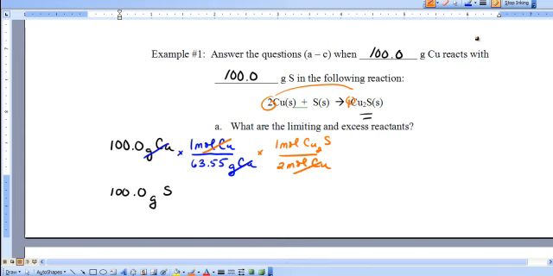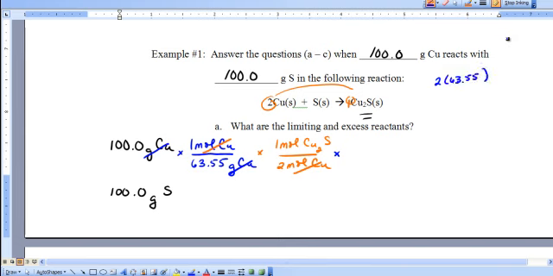And it looks like we're going to be looking for the mass of this solid, and so we'll go ahead and multiply by the molar mass. Now the molar mass of our product here, we just got to sketch off to the side. We have 2 coppers at 63.55.